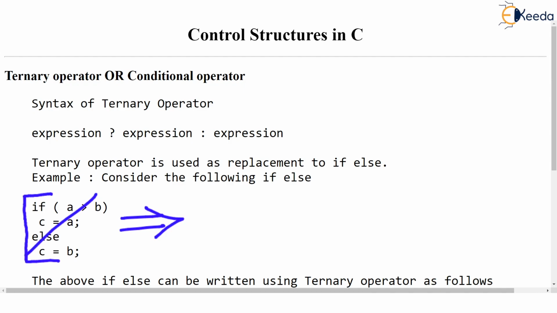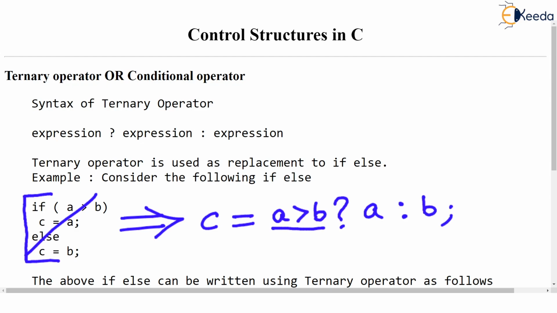So we can write C equal to, then a Boolean condition, a Boolean expression which can either evaluate to true or false, then a question mark, and after that we give A, then colon, B.